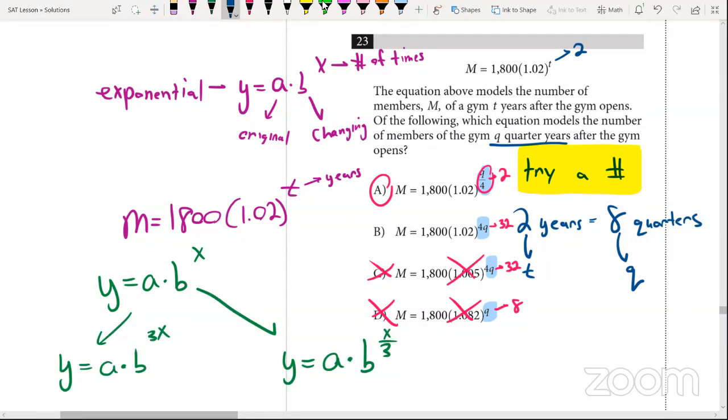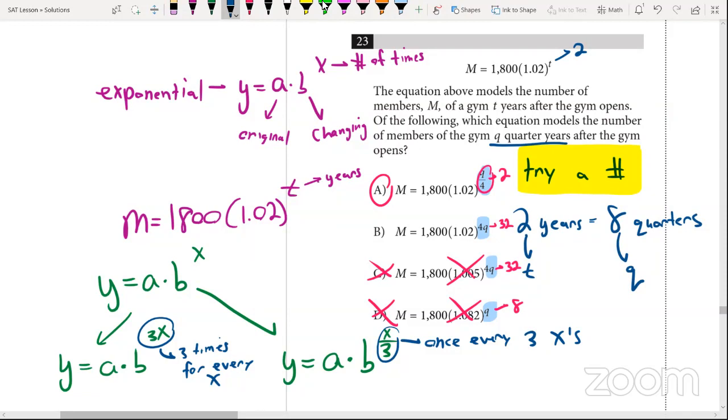Multiplying in this situation is saying that it's going to happen 3 times for every year, if x is the number of years, but we'll just say 3 times for every x. But dividing is the idea of saying that it's going to happen once every 3 years, or every 3 x's.